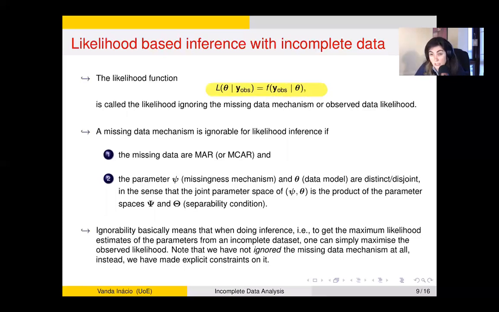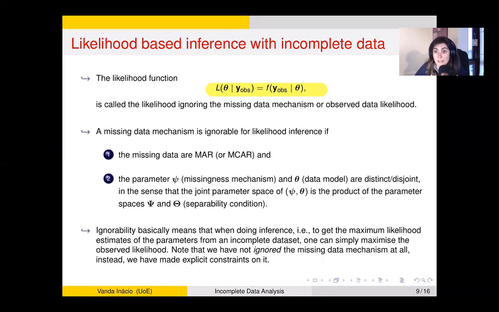data. And as we have seen in the lecture for the formal definition of the missing data mechanism, we talked about ignorability, and now we are in a position to talk more specifically about it.